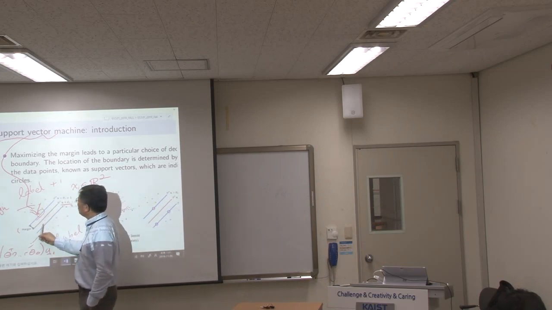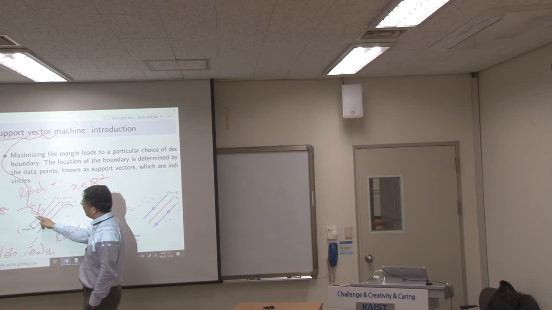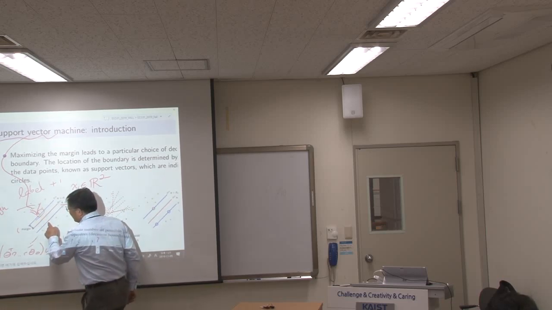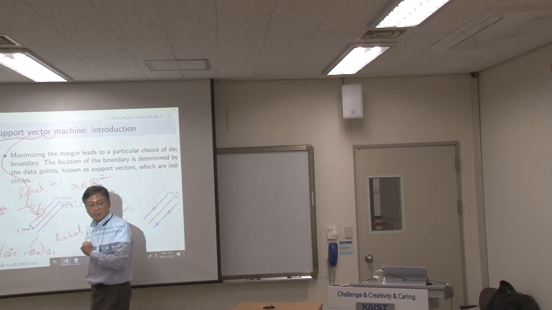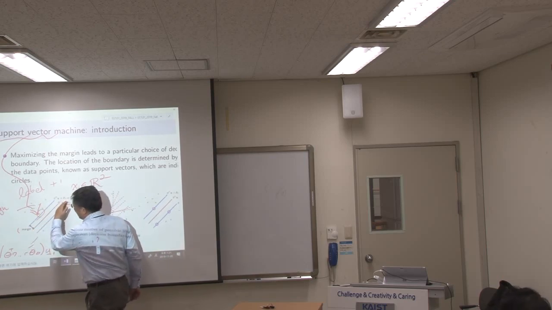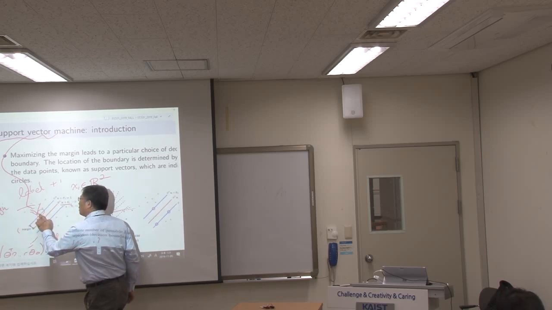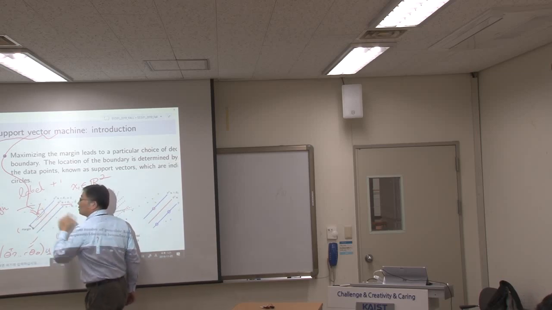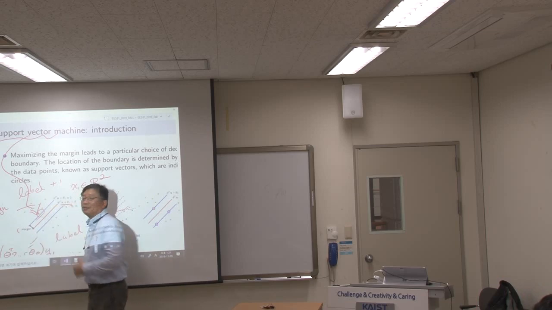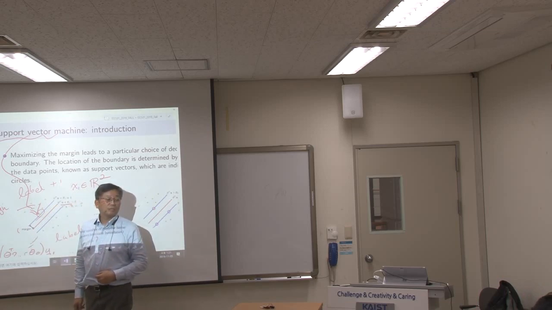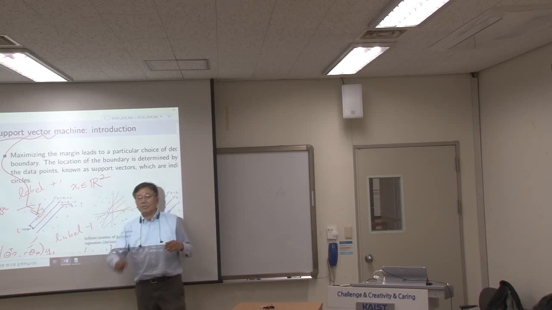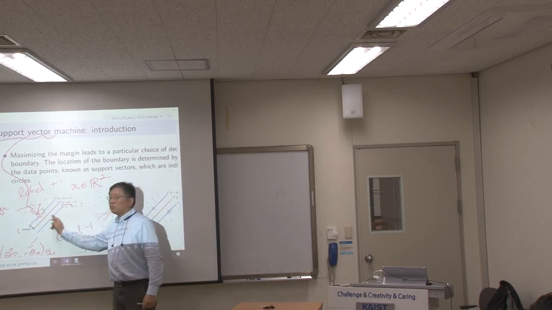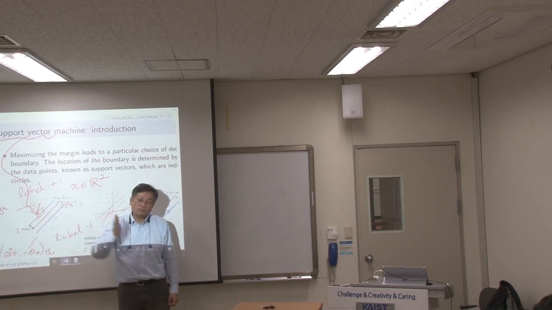Okay, so if I have decision boundary here, then the support vectors are defined. These points are defined. Or I could say it the other way. These points, the support vectors, define this decision boundary.